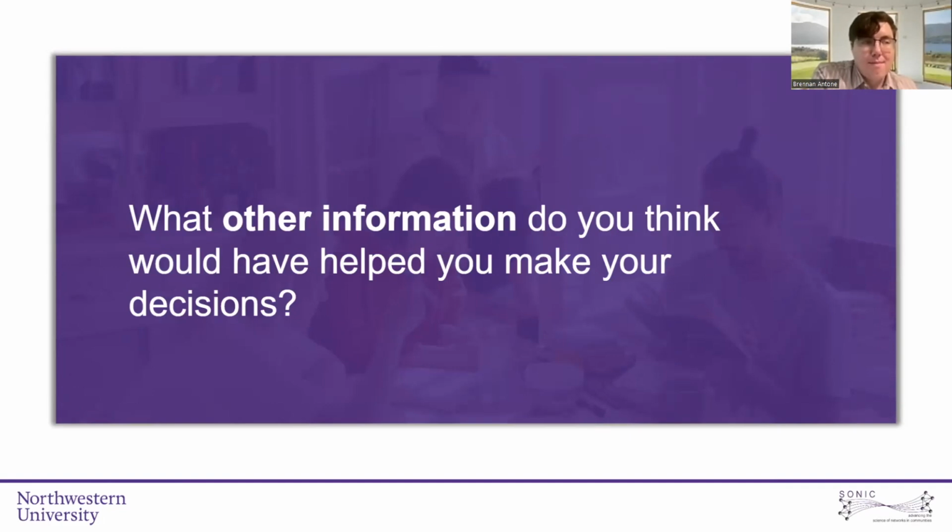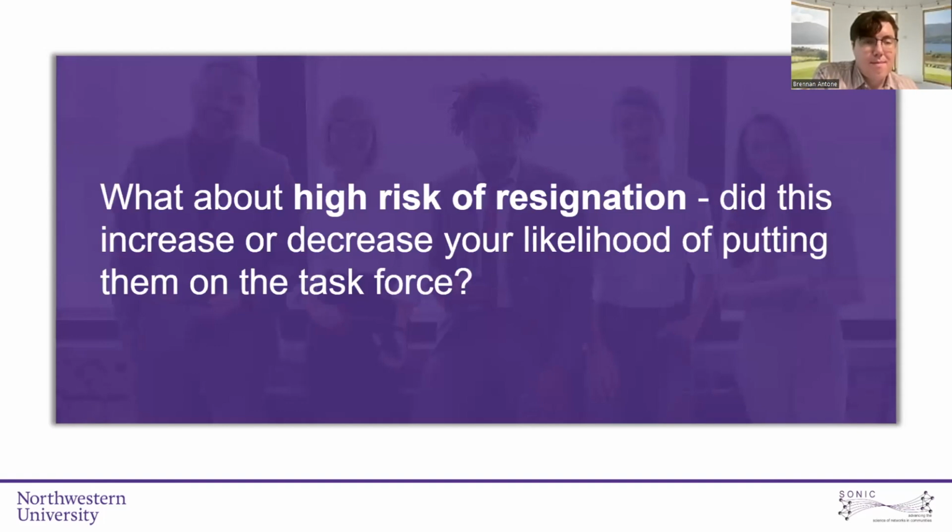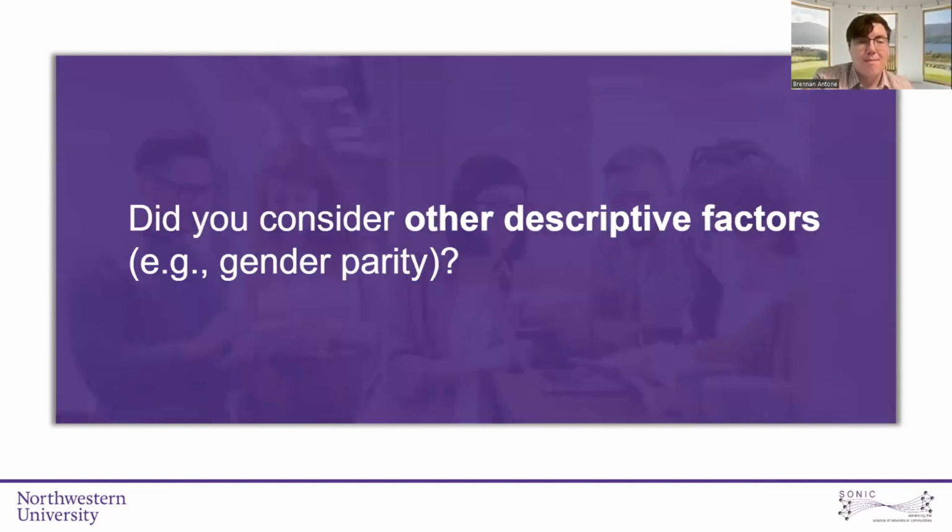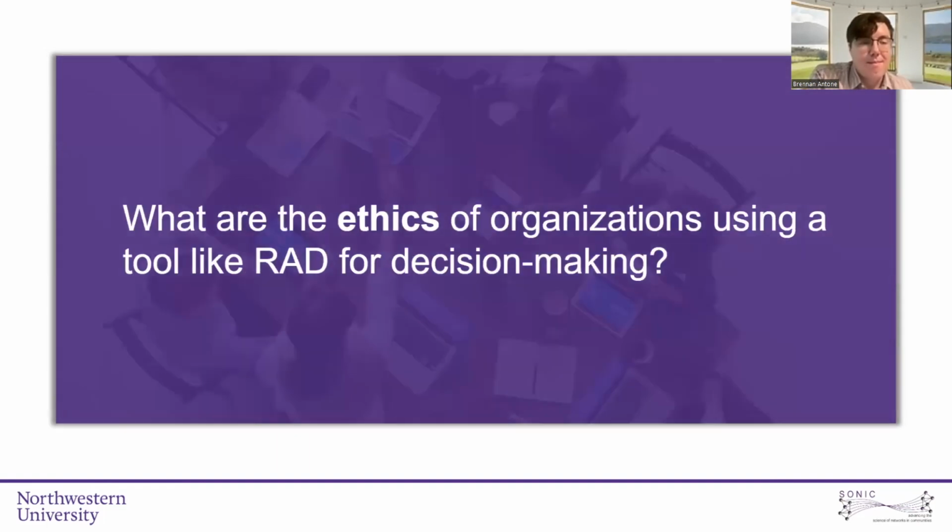Maybe the team has very high internal cohesion and very high external range, but the team is not very diverse in terms of demographic information. This is something we encourage people to think about. And for the high risk of recognition, did this increase or decrease your likelihood of putting them into that task force? And other descriptive factors, like gender parity, and what are the ethics of an organization using a tool like RAD for decision making.